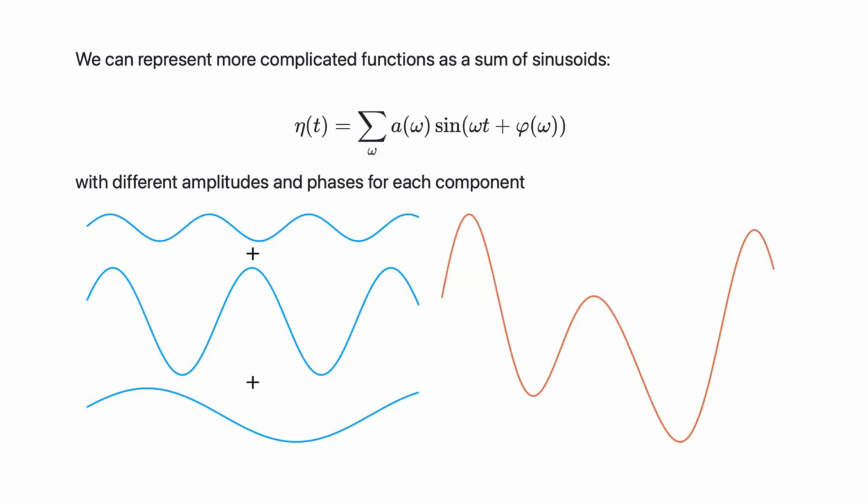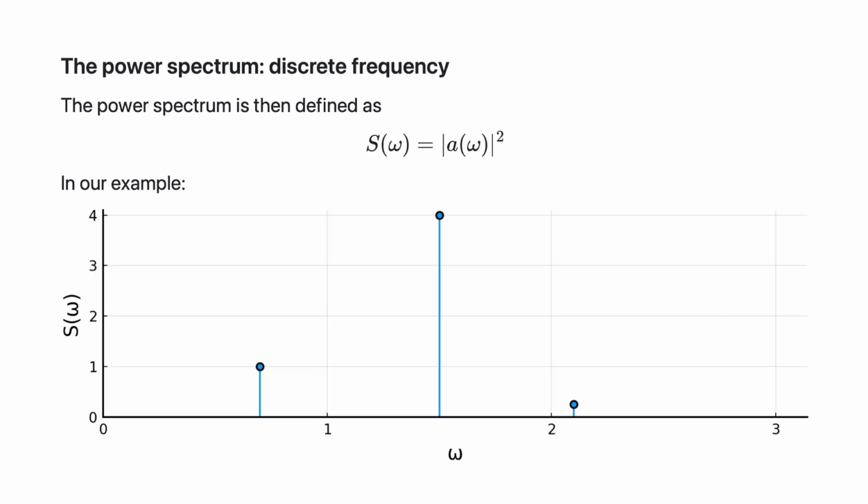We can represent more complicated functions like the one on the right as a sum of sinusoids with different amplitudes and phases for each component. It's a discrete sum of 3 sinusoids, and we get something like what's on the left. Okay, and what is a power spectrum? Well, in its simplest form, it can be interpreted as the square modulus of those amplitudes.